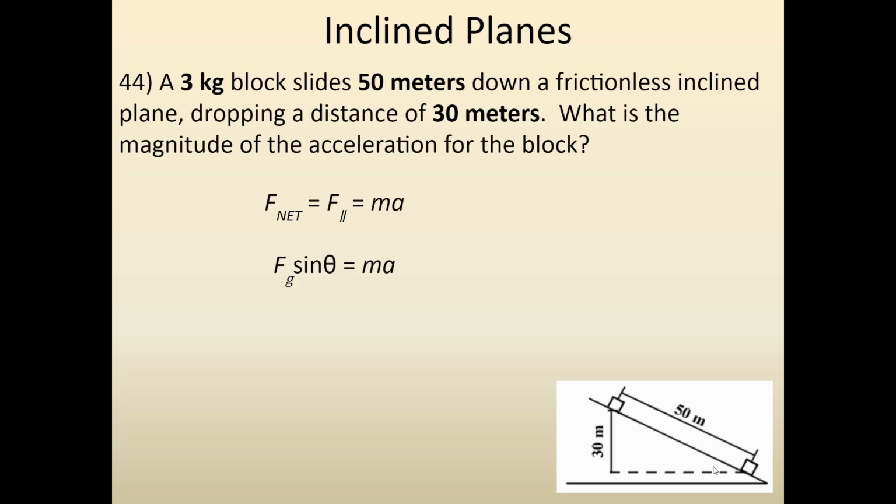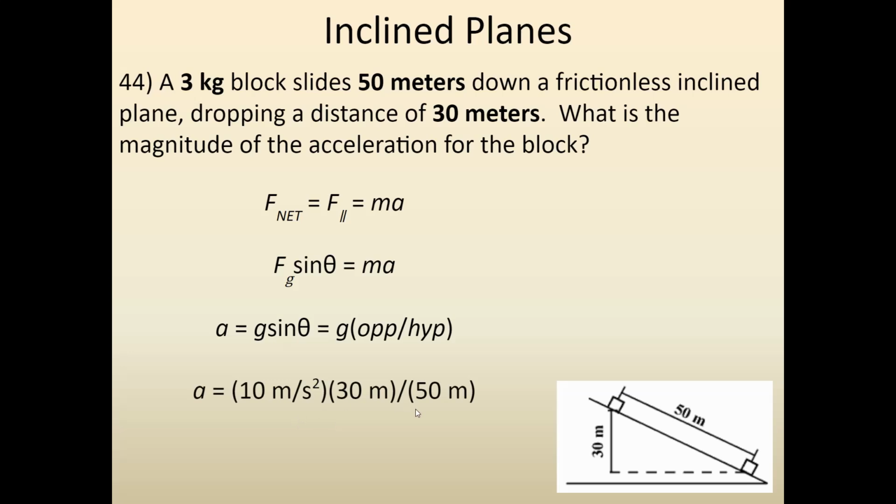Actually, interestingly enough, I don't even need to find the angle because I can actually combine this equation with SOHCAHTOA, because sine of this angle is going to be equal to opposite over hypotenuse. So it actually turns out that I could just plug in 3/5 for sine theta and basically bypass that whole step of finding what the angle is to find that the acceleration is 6 meters per second squared.